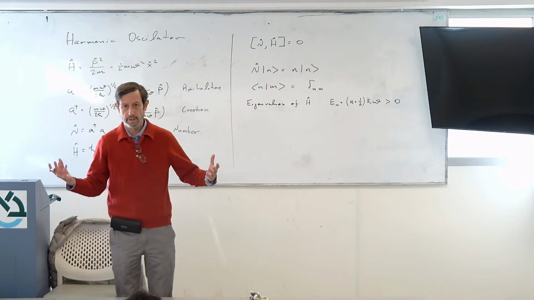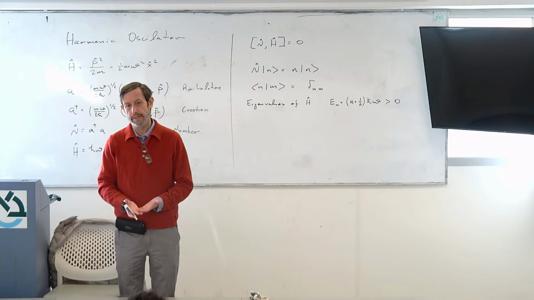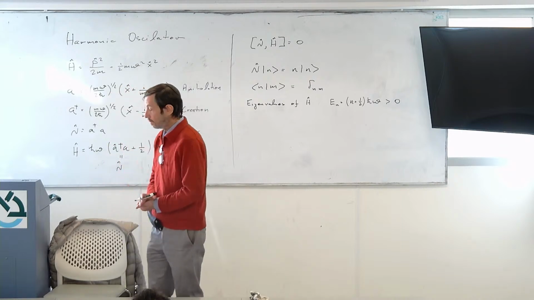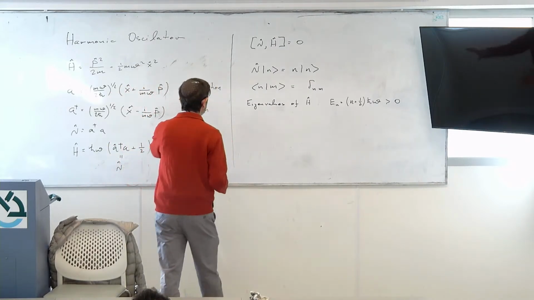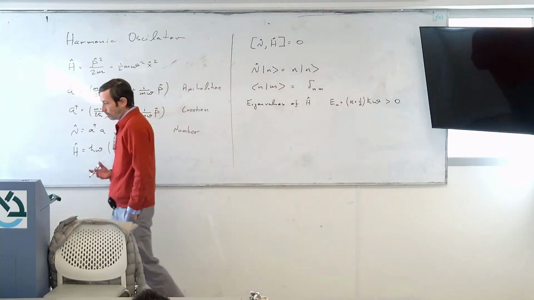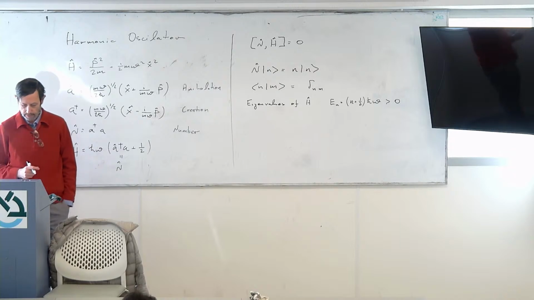It can't get anything negative. Just looking at the potential, its minimum is at 0. I can't get a confined energy which is lower than 0. Okay, so these were very general considerations which will help us get to the solution.